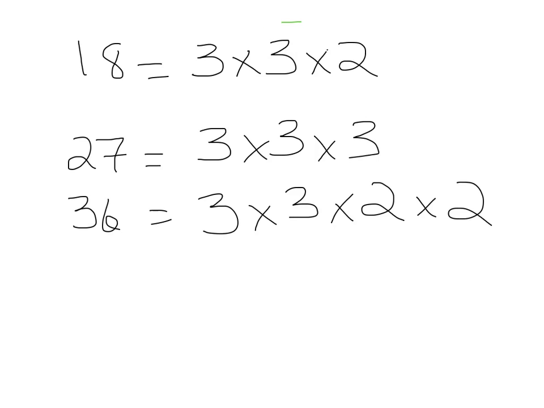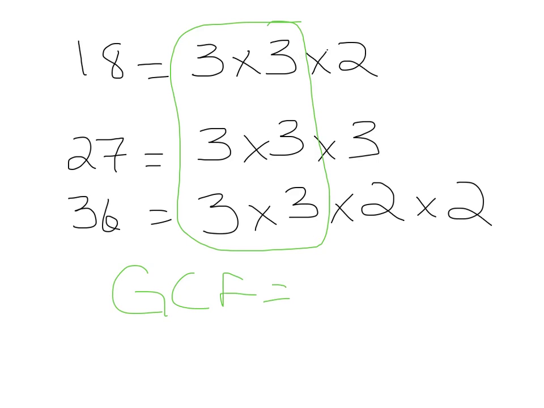So what they have in common is the 3 times 3. So it's just another way of seeing that the greatest common factor is 9 because 3 times 3 equals 9.